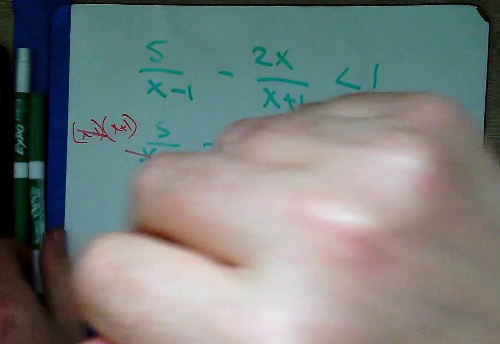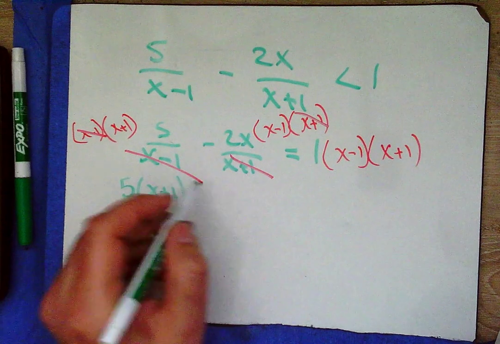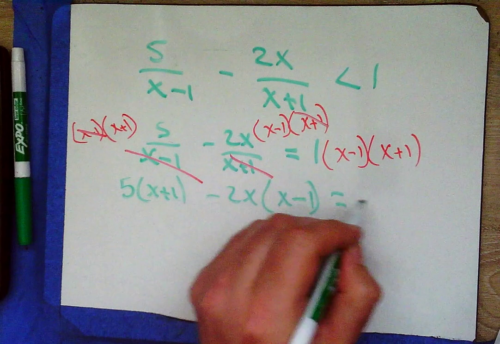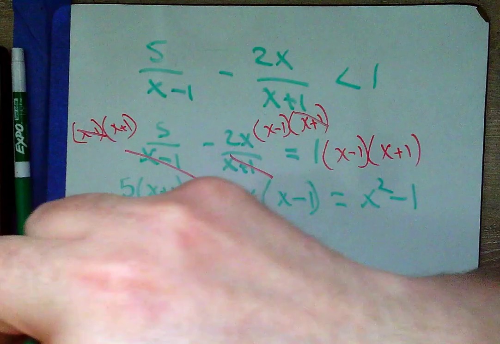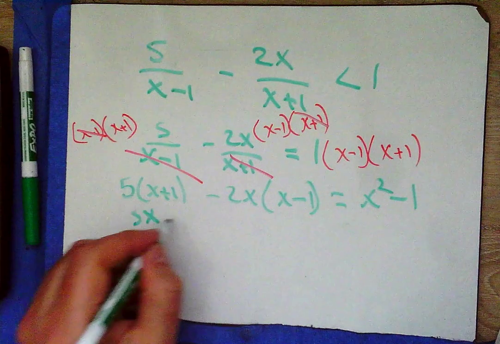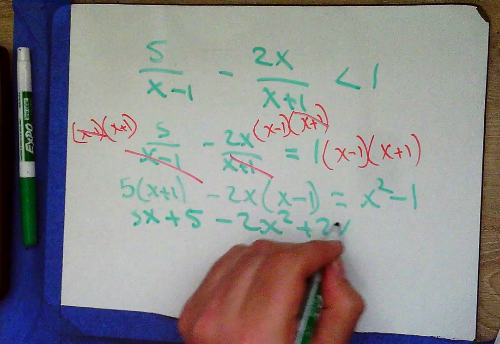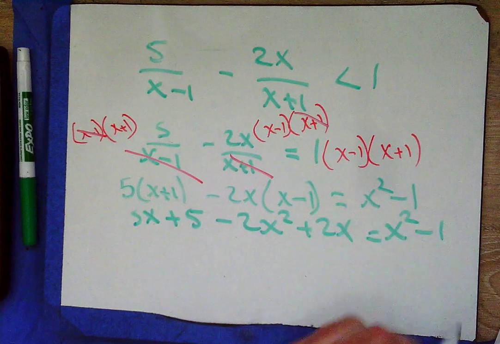And so now I'm going to have 5 times x plus 1 minus 2x times x minus 1 equals, and when I FOIL here, I get x squared minus 1. All right, let's do some distributing. We've got 5x plus 5 minus 2x squared plus 2x, minus and minus is plus, equals x squared minus 1.